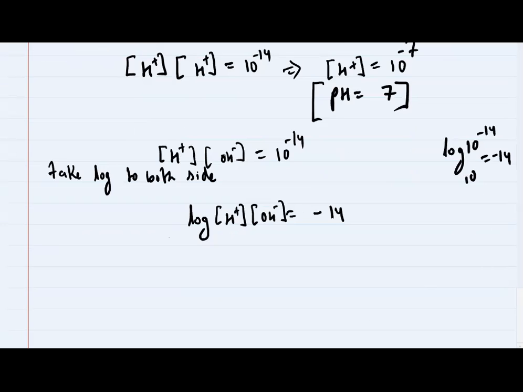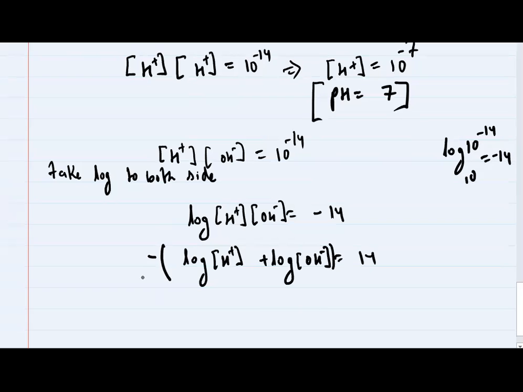Okay, now take minus on both sides, and use the property of log: log A into B is equal to log A plus log B. Now put minus inside. So minus log concentration of H plus, plus minus log concentration of OH minus.